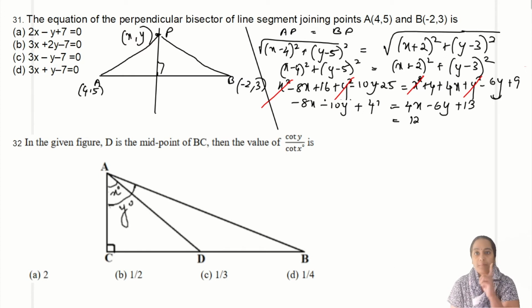When I take minus 10y to the right hand side, it becomes plus 10y, so 10y minus 6y will be plus 4y.